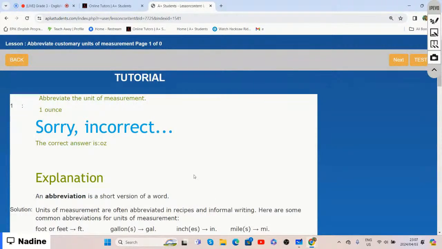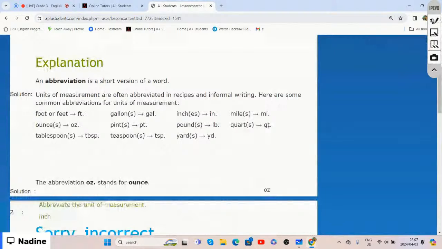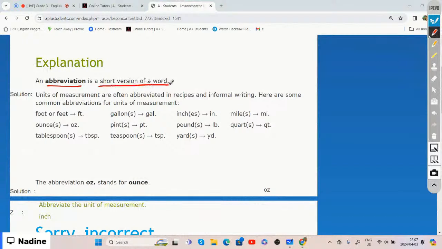So when we go to customary units of measurement, firstly, an abbreviation is a short version of a word. So we shorten that specific word, and when we abbreviate, we do not forget the period.